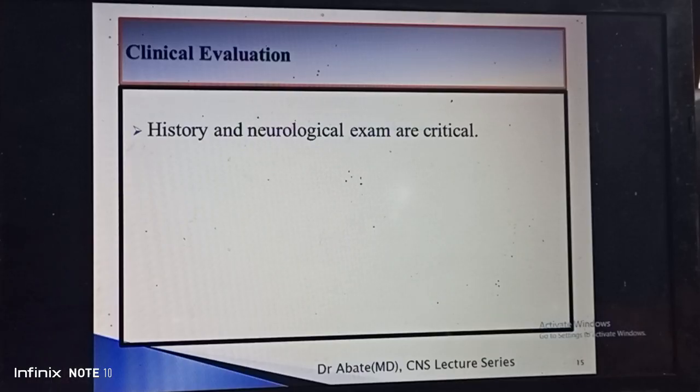The patient might have a murmur in the heart that may remind you of the possibility of cardioembolic stroke. So it is important to do almost all body system physical examinations so that you can be more thorough in your diagnostic approach.